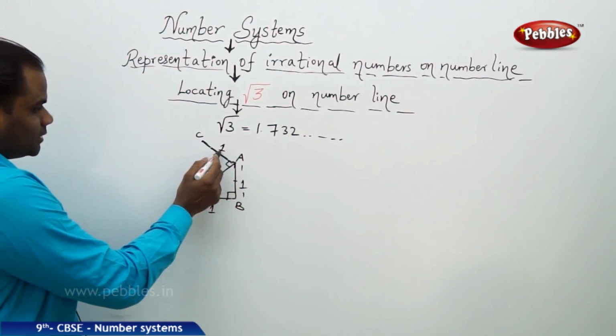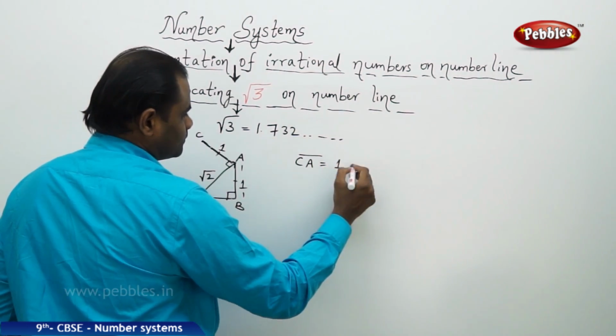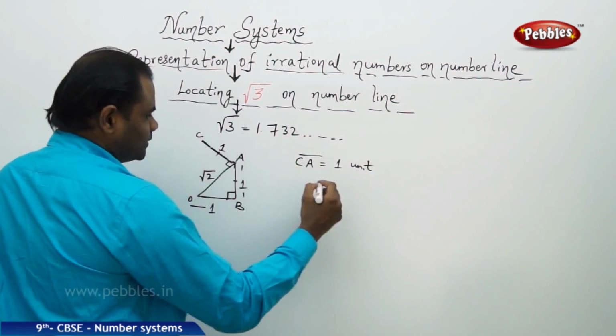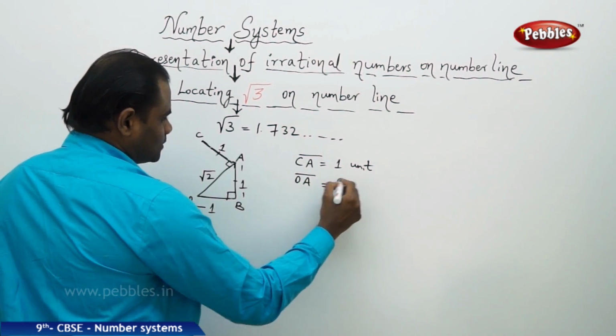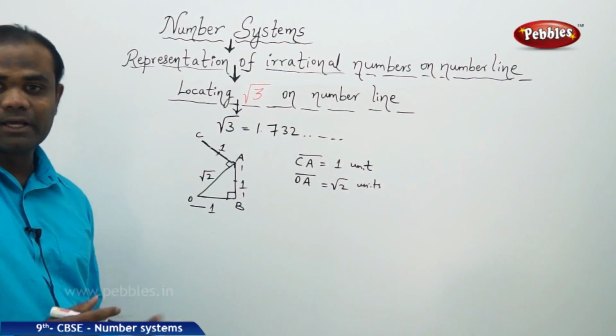So now I have the side CA which is 1 unit, and I have the side OA which is √2 units, as we can clearly see through the diagram.